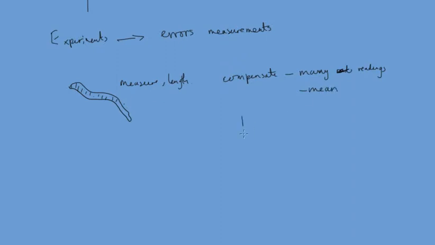So let's say we had our graph of, this would be our frequency, and this is length, and say we were measuring this earthworm and we're repeating it, you'd probably find a graph a bit like that, where there's a degree of error, and then this would be the mean value, and this would be the value we took for the earthworm.